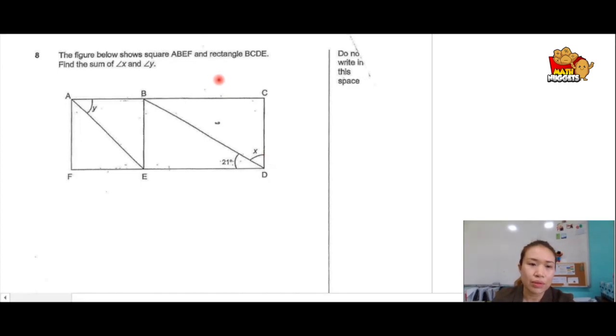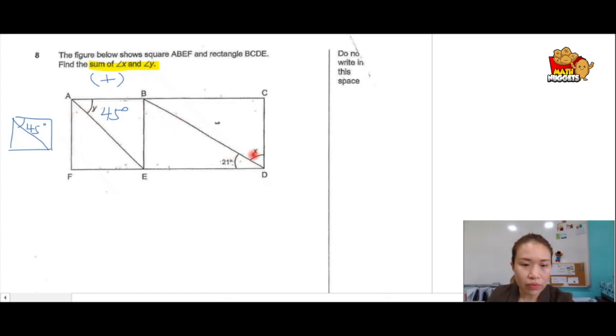Question 8, we're supposed to find the sum of angle X and angle Y. Sum means plus, right? So ABEF is a square, so we straight away will know angle Y is actually 45 degrees. Because if you have a square and you cut it diagonally, you're dividing the angle into 2. So that's 90 degrees divided by 2. You get 45 degrees.